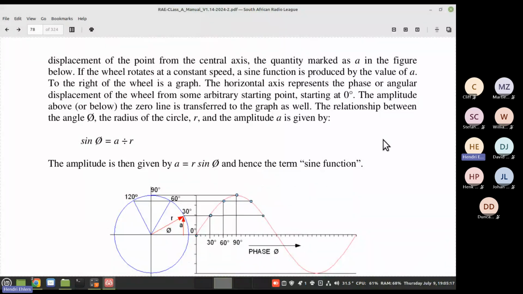The relationship between the angle and the radius of the circle R is the amplitude A, and it's given by this formula here. We're not going to spend much time on that because we'll start to do calculations with it just now.